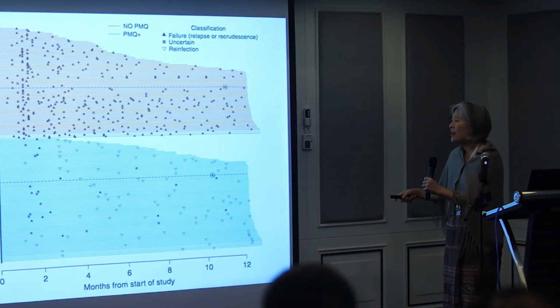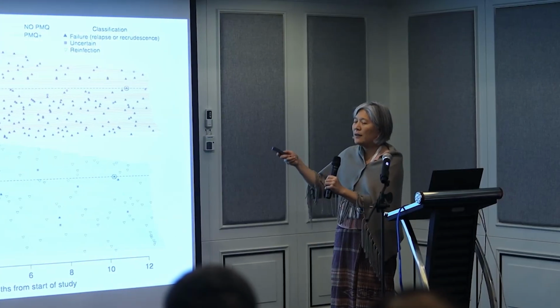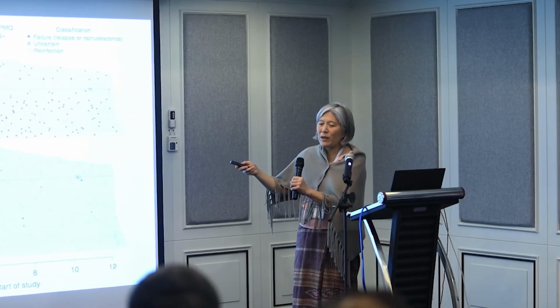So they did a lot of work to combine the genotyping between the paired samples and also with time. And they used that model to try to determine, is it relapse or is it new infection? So in study 1, the recurrence rate after chloroquine and primaquine was 18%.